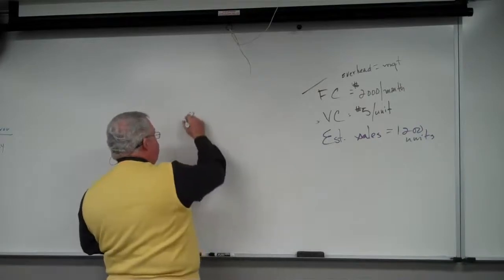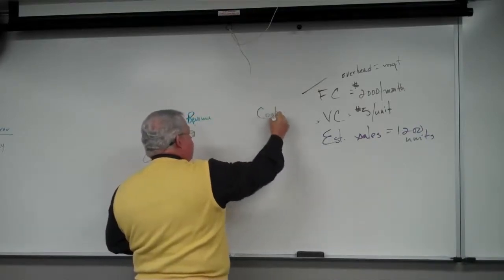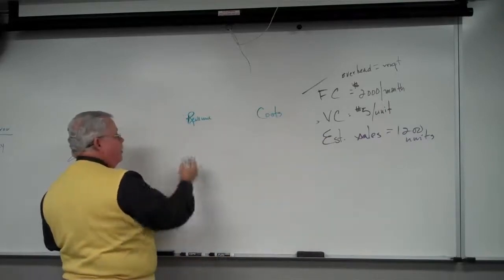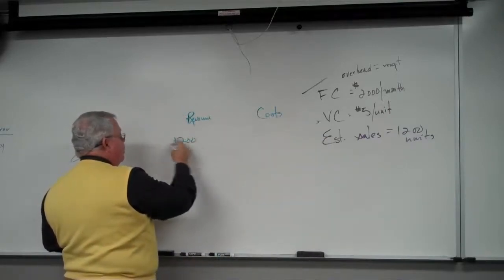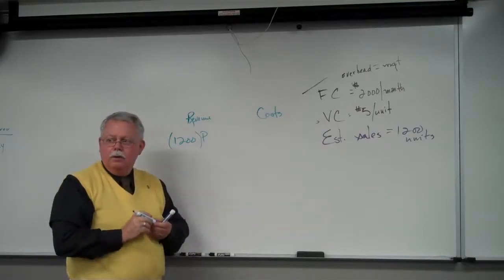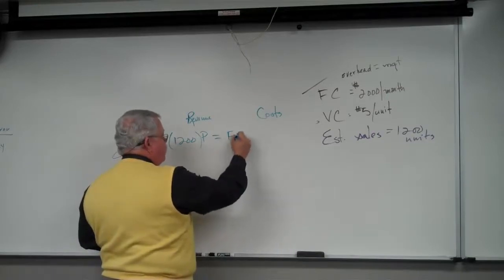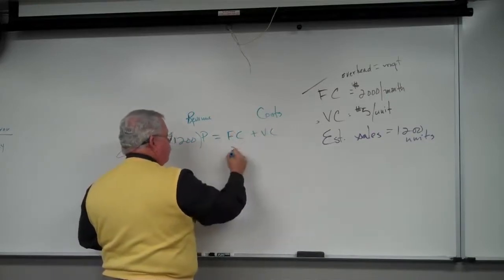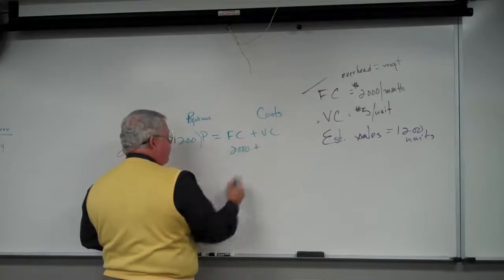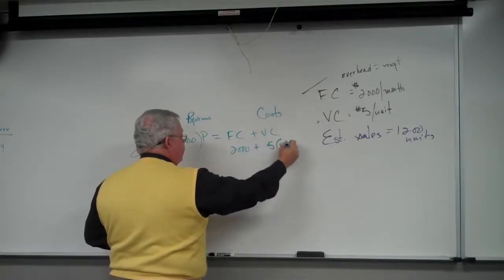What's going to be my revenue? What's going to be my costs? I'm going to sell 1,200 units at a price of P, whatever P turns out to be. That's got to cover my fixed cost and my variable costs, which are 2,000 and $5 a piece times 1,200 units.